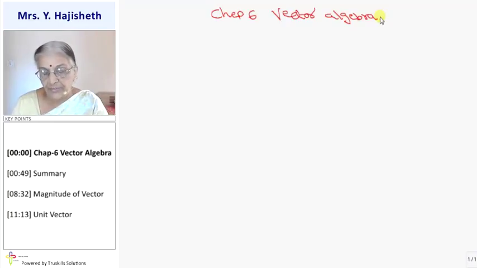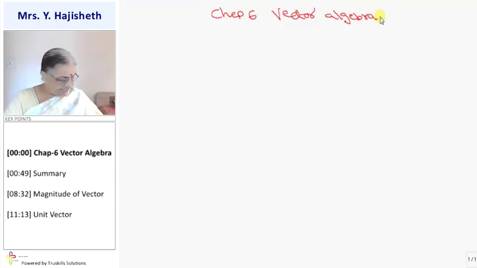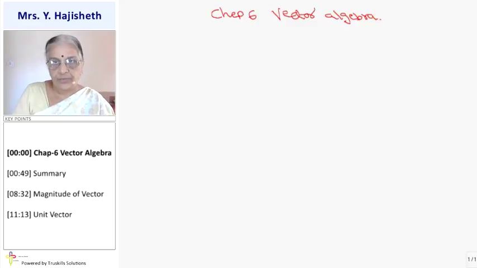All five topics belong to calculus. So the calculus portion we have completed, and the second branch of math, that is coordinate geometry, we are doing. Clear? After completion of this topic, our syllabus will be over.